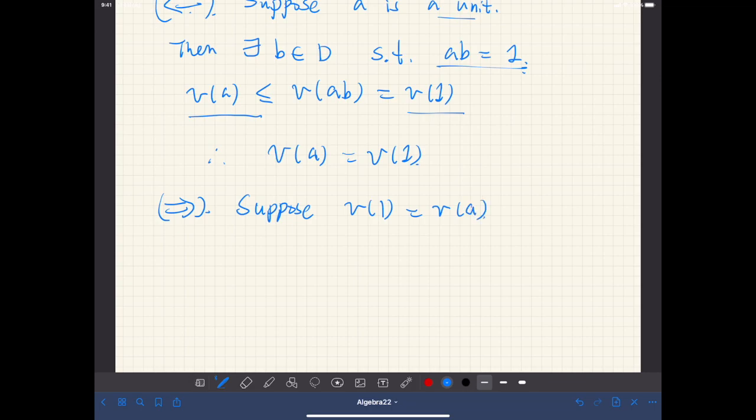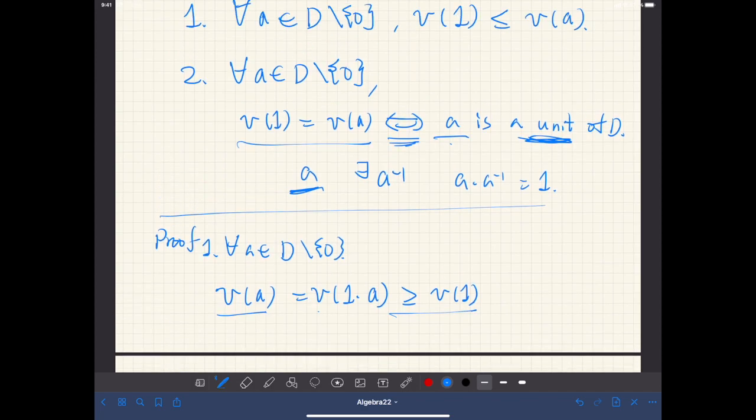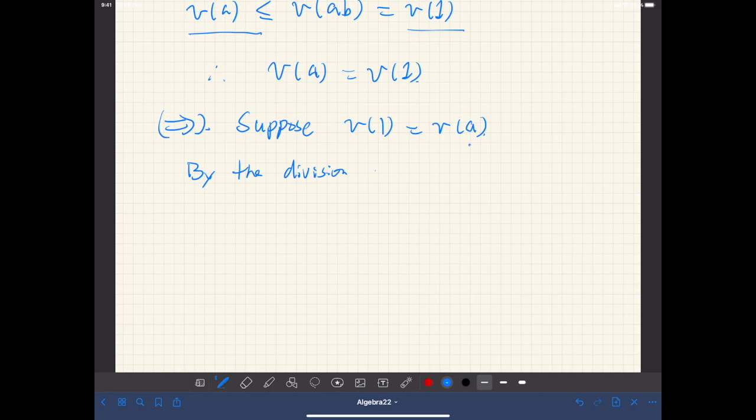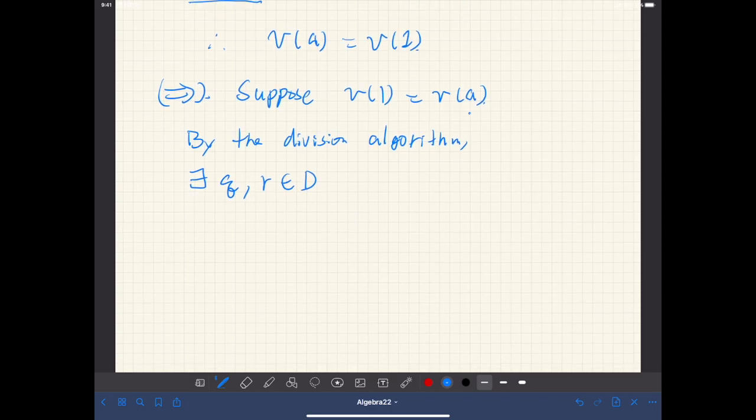Then we want to show that a is a unit of D. According to the division algorithm, since we are assuming D is a Euclidean domain, there exist some q and r, which are elements of D, such that 1 is equal to a times q plus r.